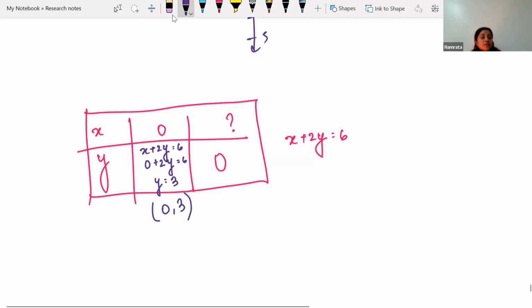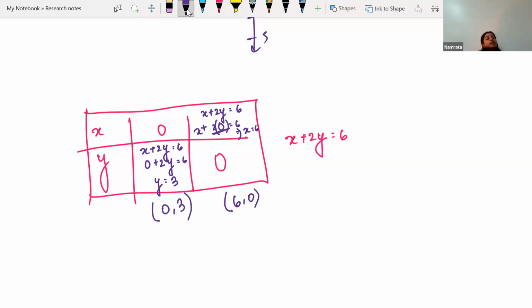Now take y as 0 and find the x value. In x plus 2y is equal to 6, with y as 0, we got x as 6, because 2 into 0 is 0. So the point is 6 comma 0.